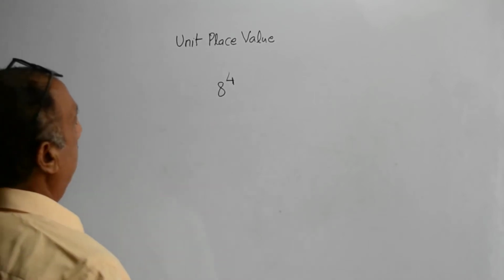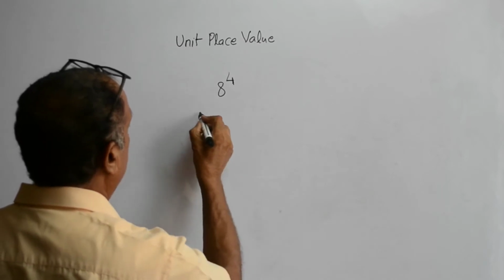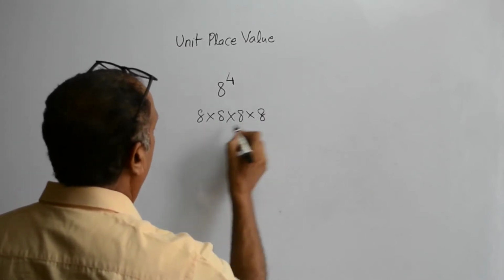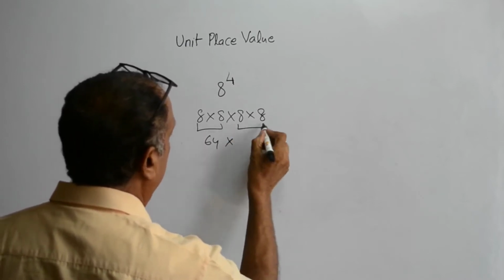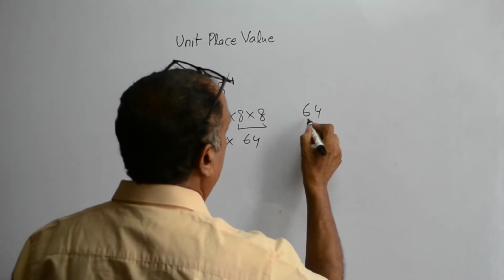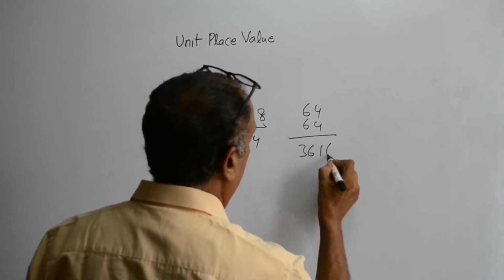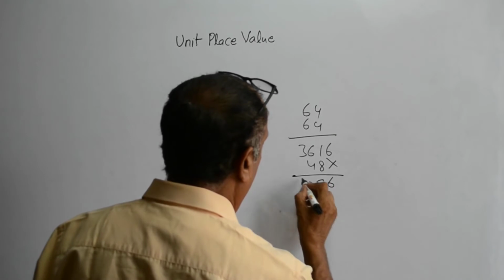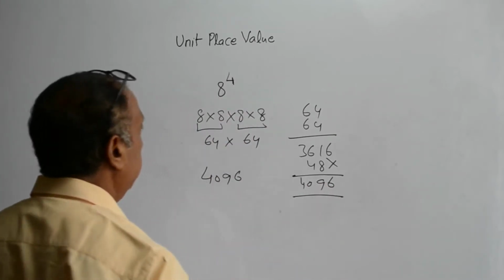We want to solve this problem. 8 raised to power 4 means 8 is multiplied 4 times. 64 multiplied by 64. When we multiply 64 and 64, we get 4096.